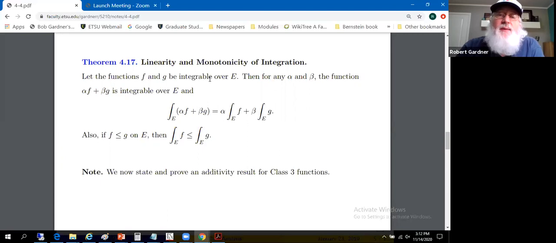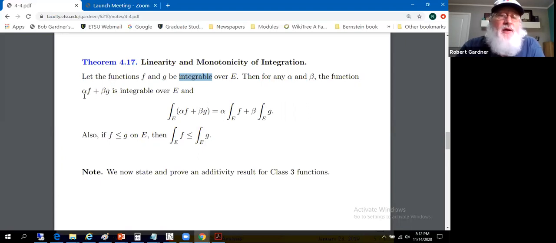F and G, this time as hypotheses, are integrable over E, because that's what class 3 of functions is. Alpha and beta: in the last section they had to be non-negative because we could only deal with non-negative functions. None of that this time. So any alpha and beta, scalars, real numbers.